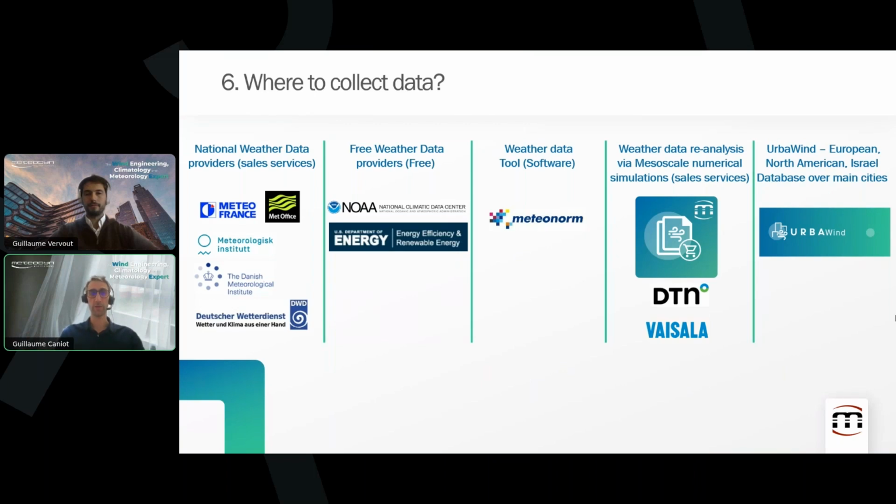You can also find EPW. EPW is weather data that has been averaged over the last 20 or 30 years to give you a typical year. This is available for wind speed, for solar, for temperature, for many parameters. So you can use this as an input.